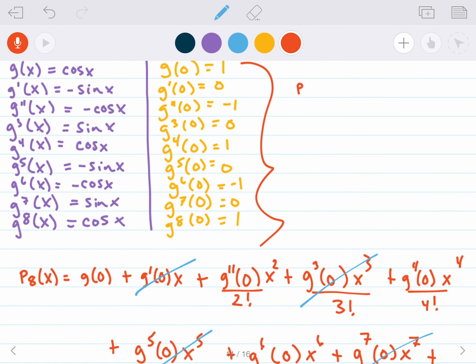So I'm going to do it at the top up here. So my first term is g of 0, which we see as 1.